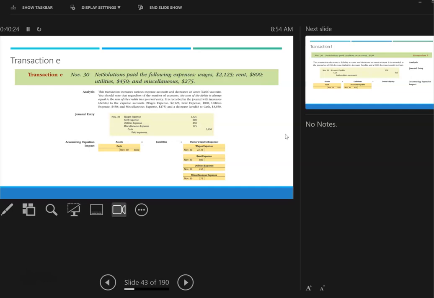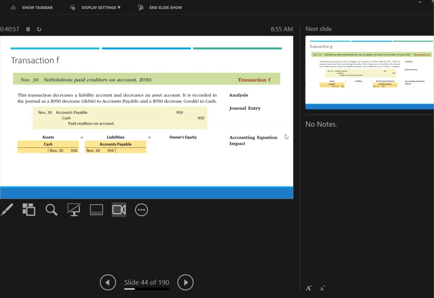We spent $3,650 in cash. That's a credit. We used it up. Do you see our wages expense, rent expense, utilities expense, and miscellaneous expense? They're all expense accounts with a normal debit balance, aren't they? So do you see we're going to debit all of those expenses and we credit cash? But do we still balance?